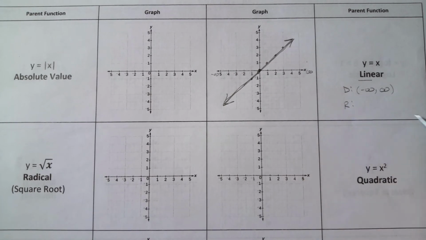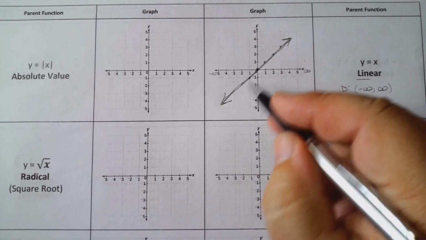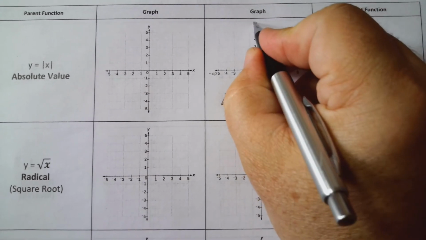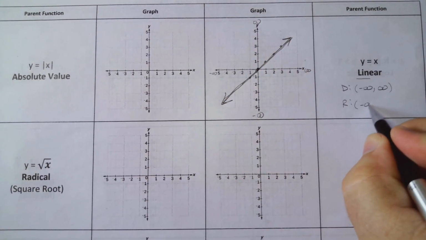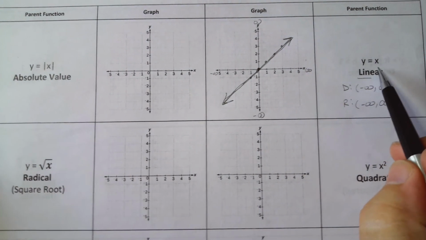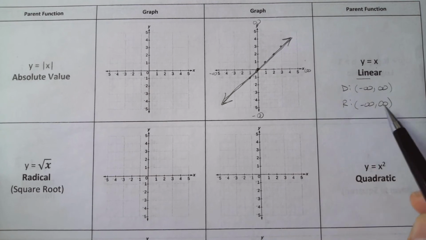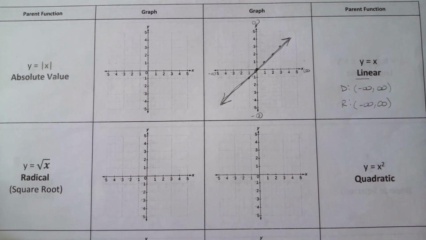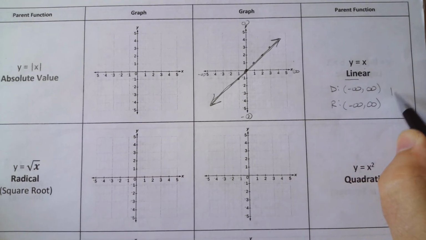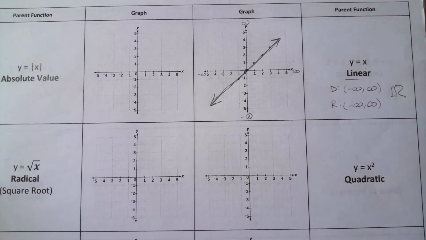And the range, it keeps on going down, down, down. So it goes from negative infinity and it keeps on getting up. So it's positive. So that one likewise is negative infinity to positive infinity. So whenever you see a linear equation, you know automatically that the domain and range are infinity, both of them. Instead of writing negative to positive infinity, a lot of times we simply use that R. It means all real numbers.